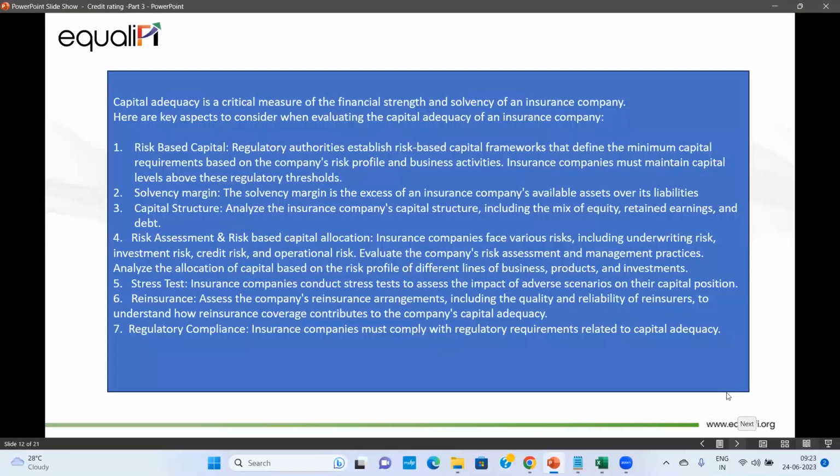My CIBIL score is say around 600 and Mr. X's CIBIL score is around 780. Considering the CIBIL score and overall profiling, I have been told that I will get 60% loan of the entire asset value and Mr. X is getting 90%. Right?